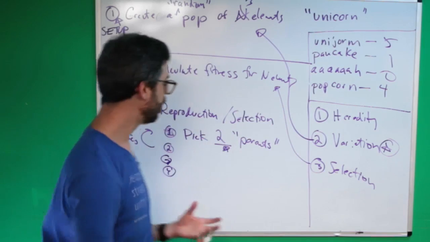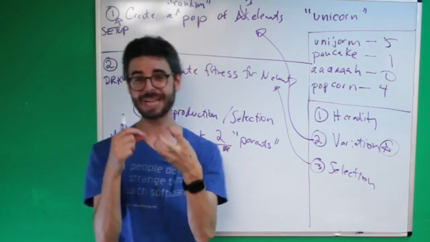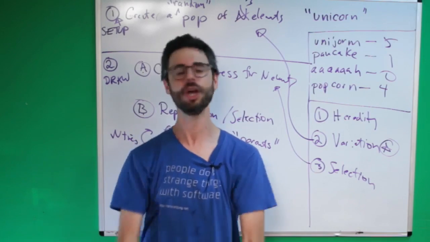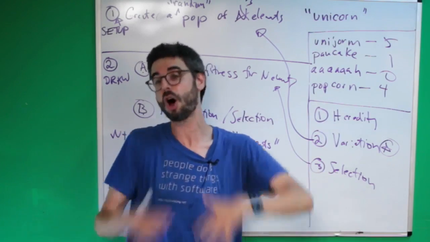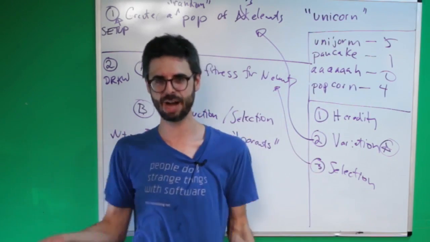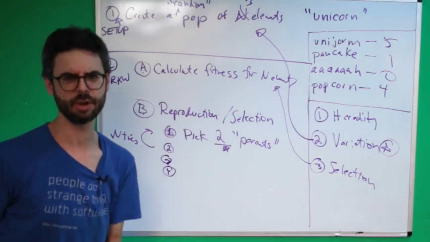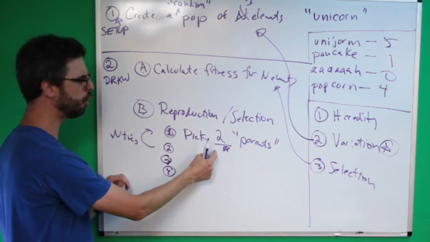Another way of saying that is that 2 elements come together and mix that genetic information and make a new member of the population. You could say that 3 elements come together. This is all just sort of made up as an algorithm, and you might have kind of creative takes on this. But the sort of classic genetic algorithm kind of follows this idea of 2 parents.